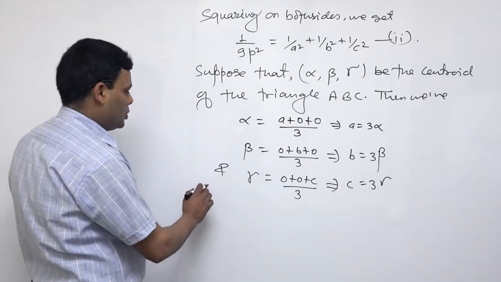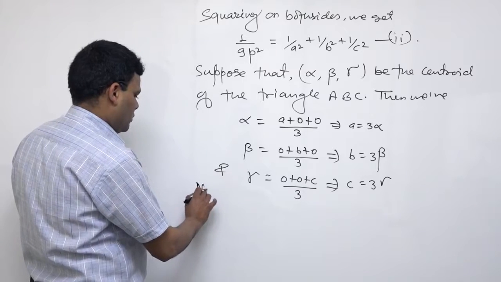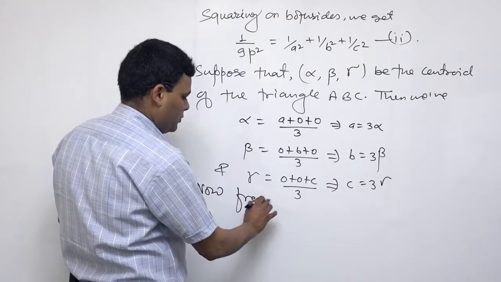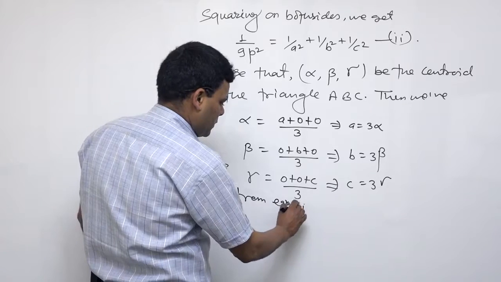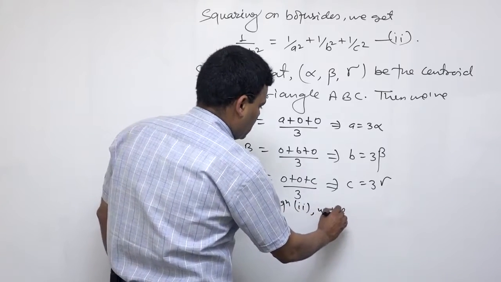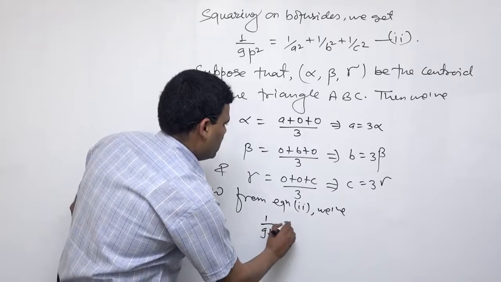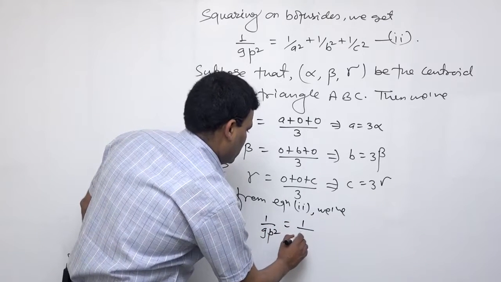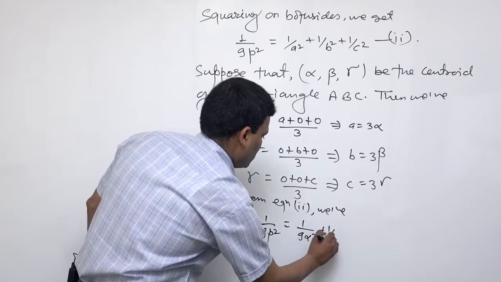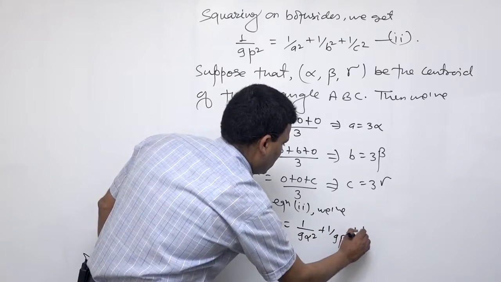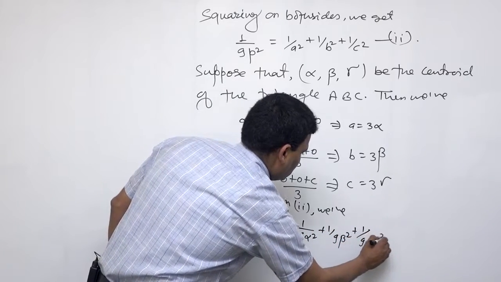Now from equation 2 we have 1 upon 9p square equals 1 upon 9 alpha square plus 1 upon 9 beta square plus 1 upon 9 gamma square.